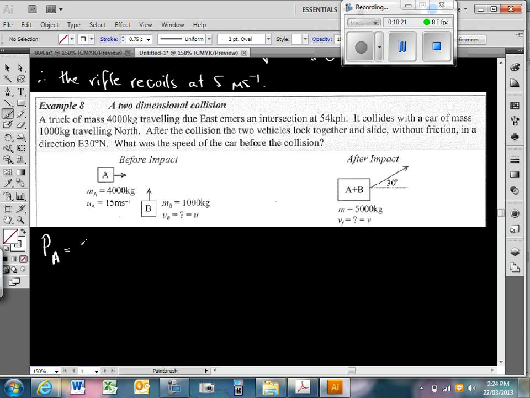P equals MV, 4,000 times 15, which equals 60,000 kg m/s. Most people should have been able to get this far.